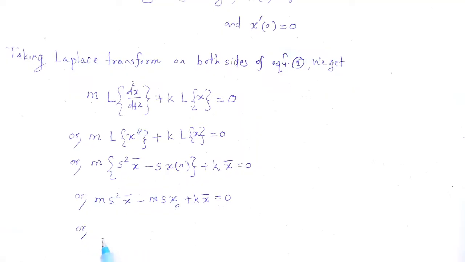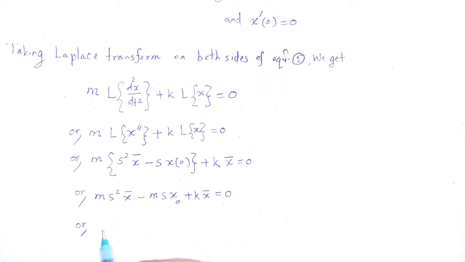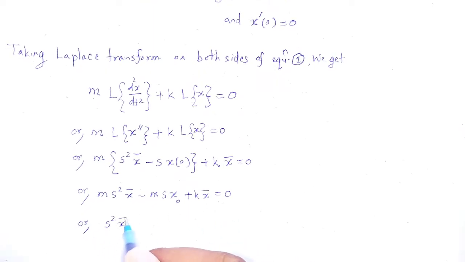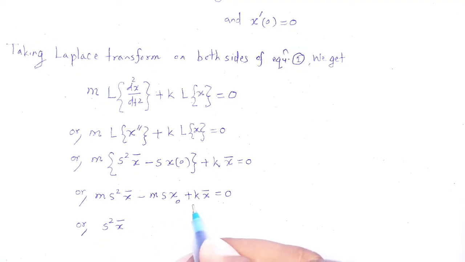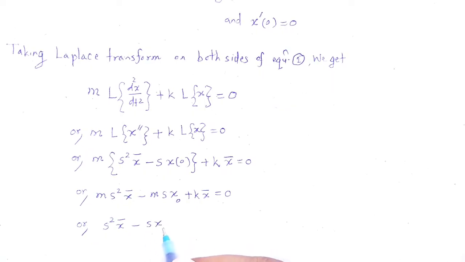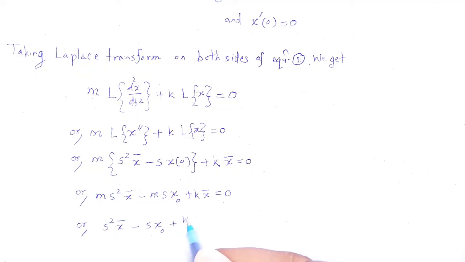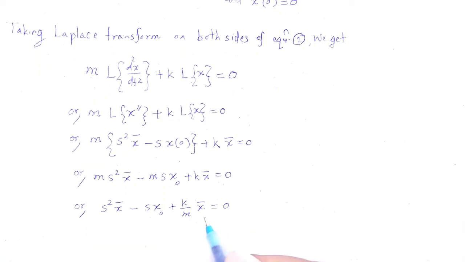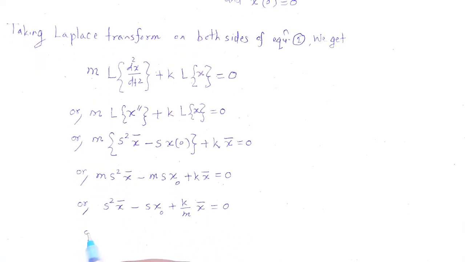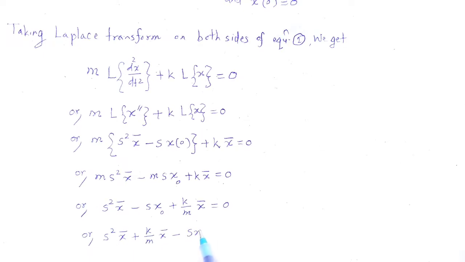Or dividing m on both sides, s square x bar minus s x naught plus k by m x bar is equal to 0. Rearranging as s square x bar plus k by m x bar minus s x naught is equal to 0.